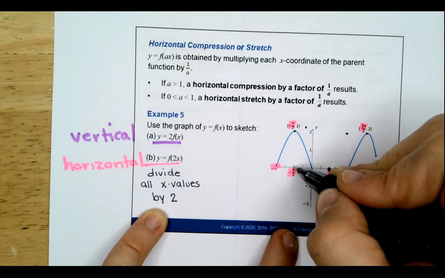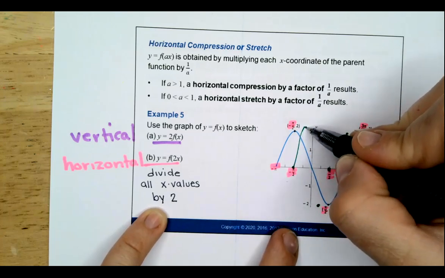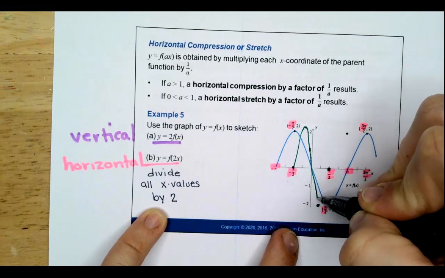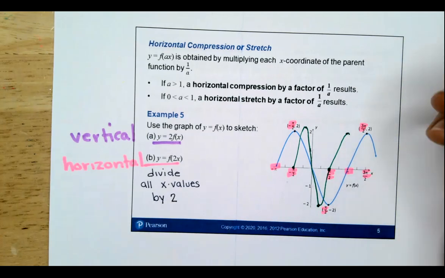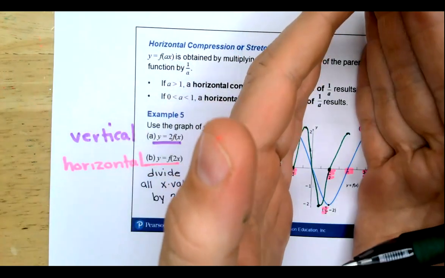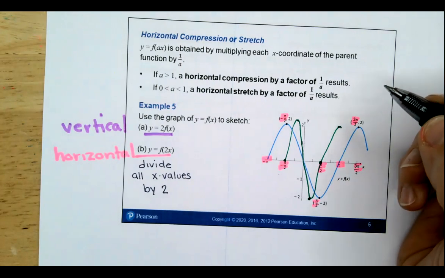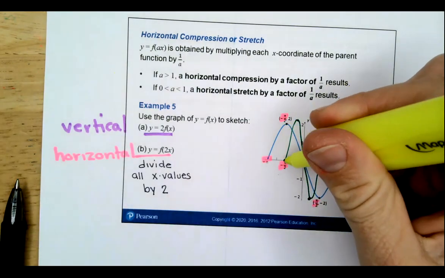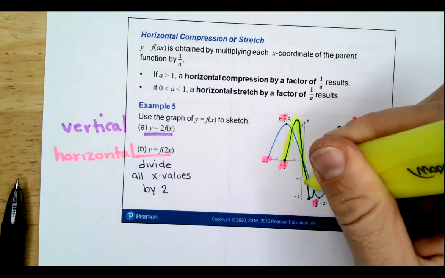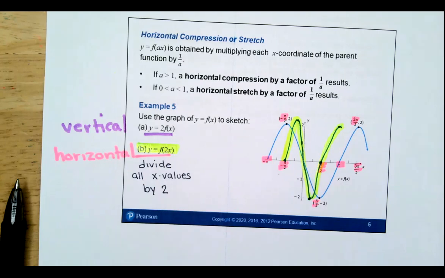And then negative pi becomes negative pi over 2. So you have the same height, but we go through the origin still, but we've shrunk our graph horizontally in half. Okay? So that's what it looks like if it becomes y equals f of 2x, okay?